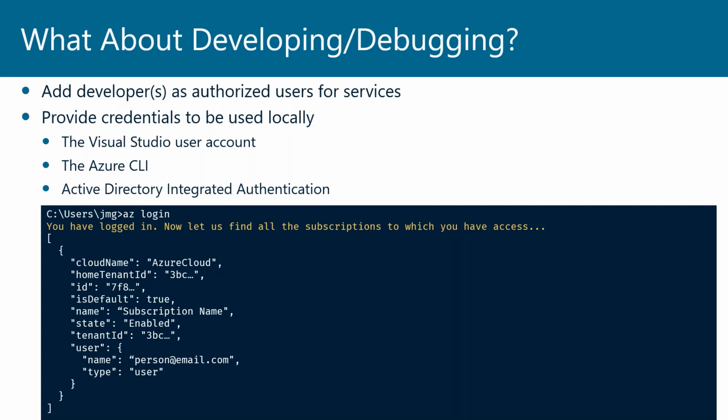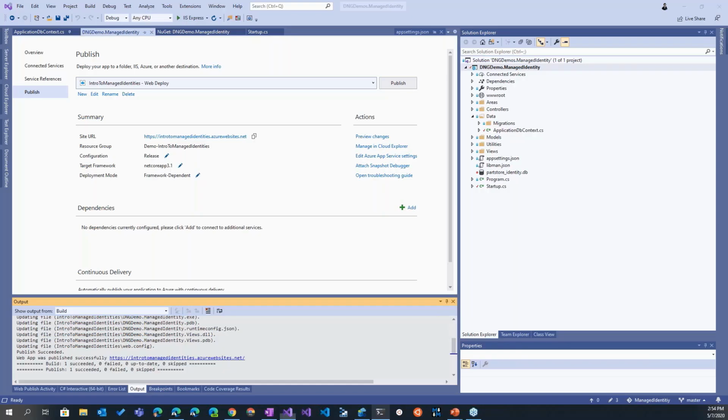It can leverage environment variables if you happen to have them set. Or if you're running inside of Visual Studio, it can use the local Visual Studio user account and its connection to Azure to make a determination about what you're connected to, about what credentials to use. So in this case, remember earlier on, when I was configuring things, I said let's make sure we add John in there too.